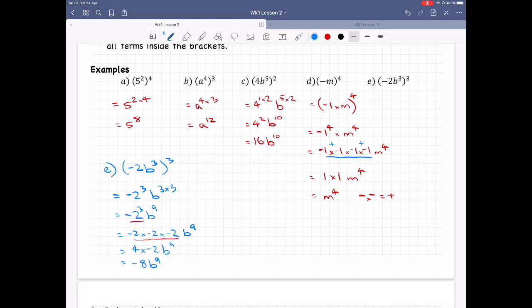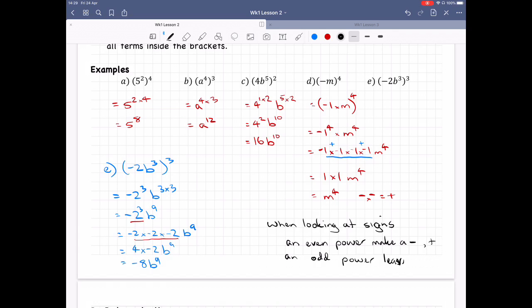So if we wanted to just highlight that, when looking at signs, an even power makes a negative positive, and an odd power leaves a negative negative.